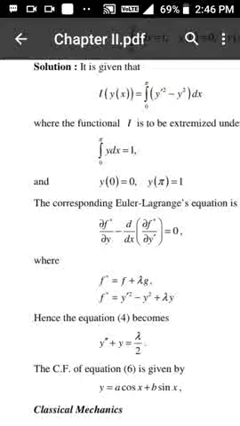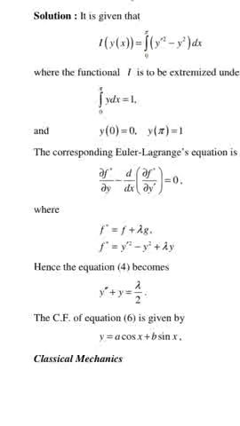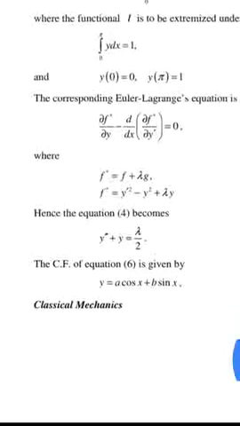The corresponding Lagrange equation is del f star by del y minus d by dx of del f star by del y dash is equal to 0, where f star is equal to f plus lambda g. Therefore, f star is equal to y dash square minus y square plus lambda y.